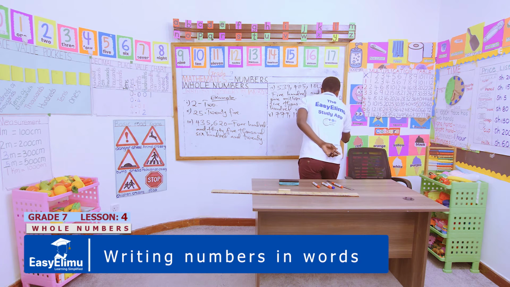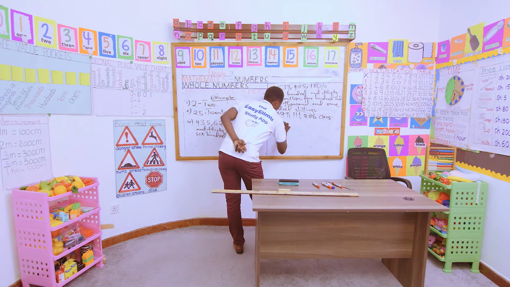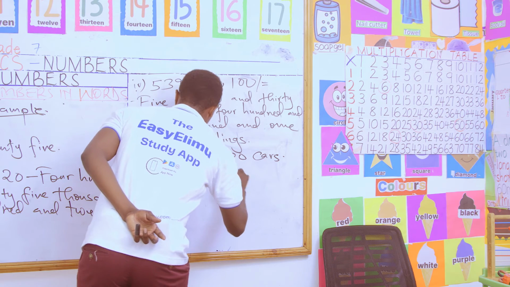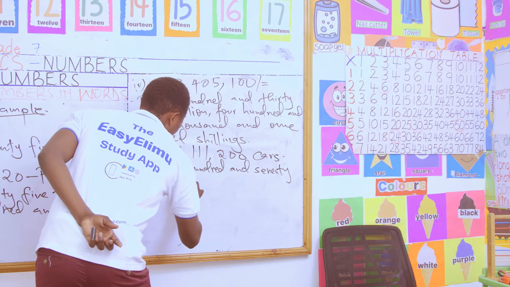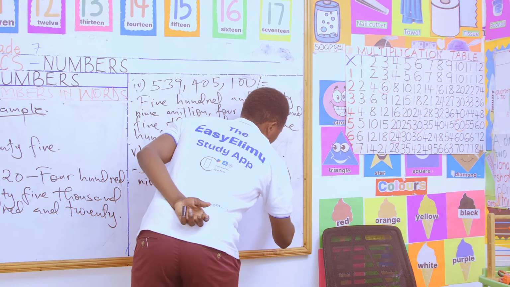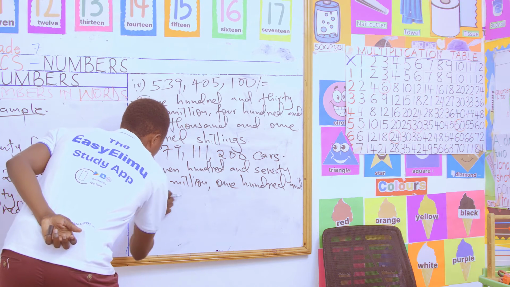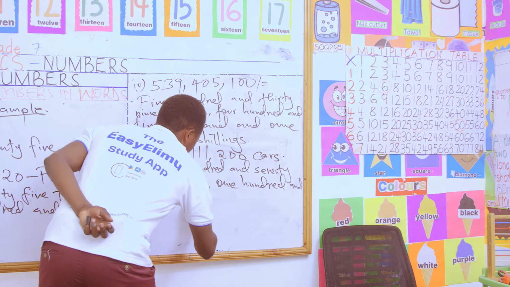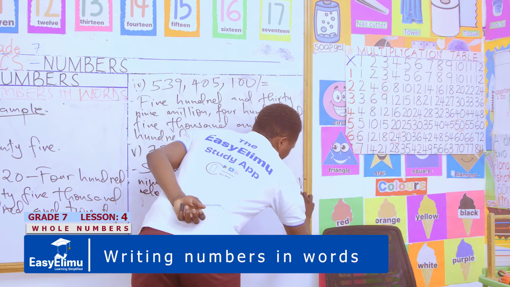Yes, Peter, you say 779,111,200 cars. Good. 779 million, 111,000, 200 cars.